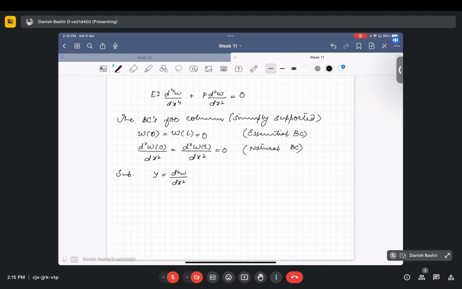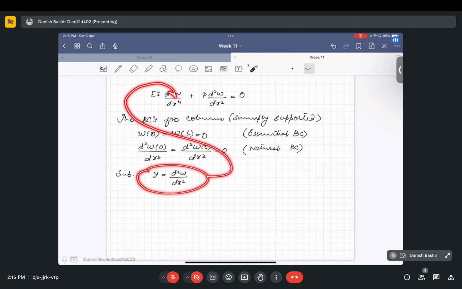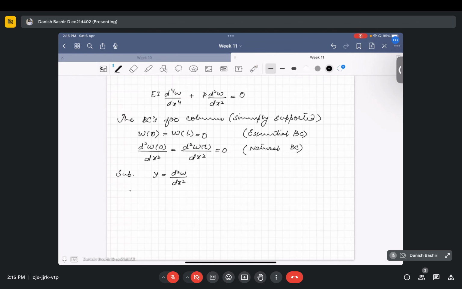Once we make this substitution in this equation, the differential equation will become second order.